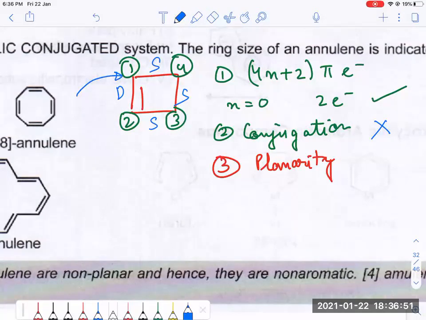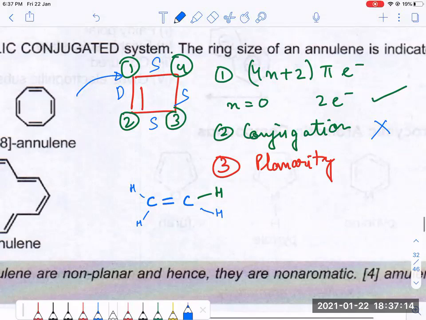No harm in revising, but you have to tell me, sir, we should revise it a little bit. Okay, let's check. Supposing this is a molecule.